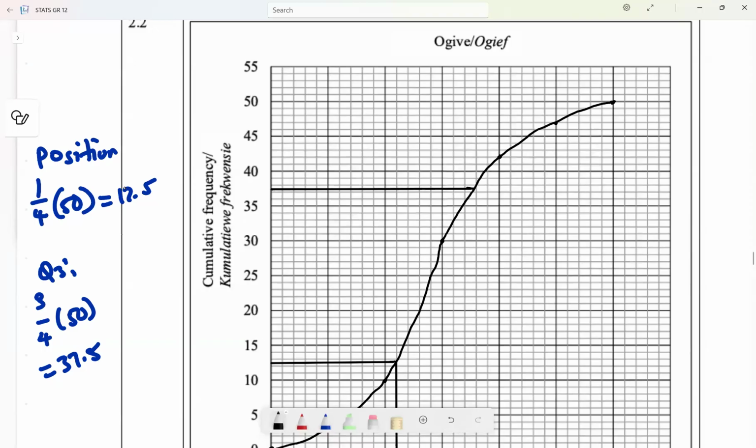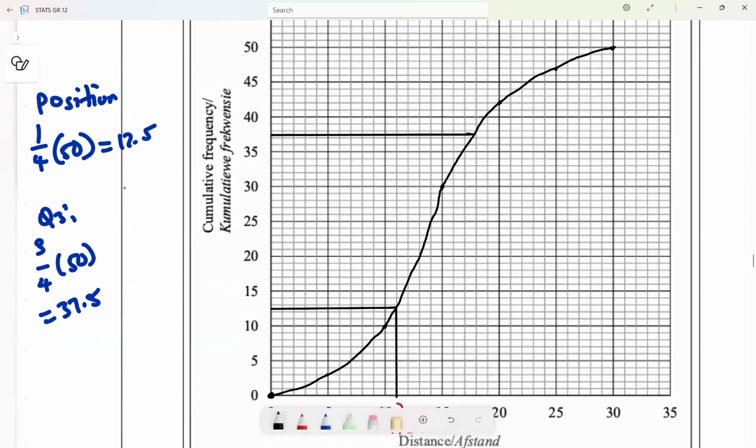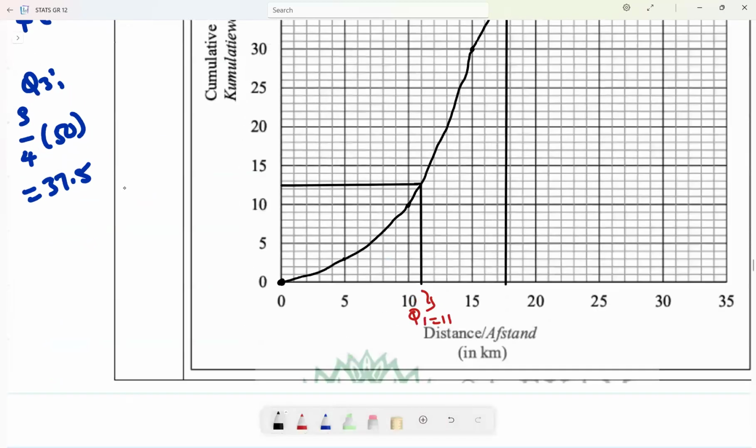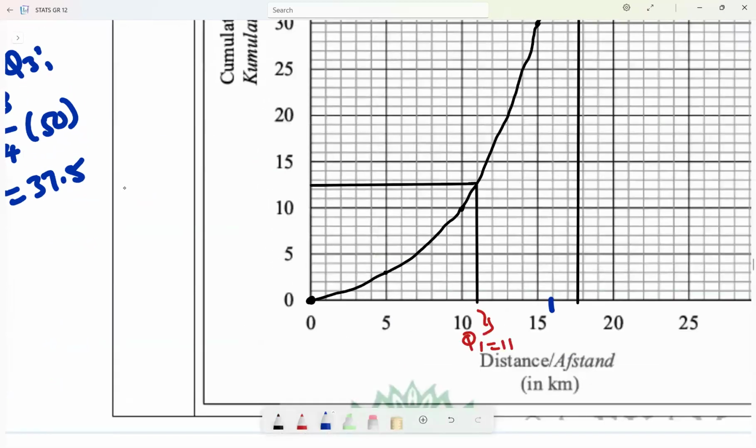Okay, and then when I move a little bit downwards, I get it to be something like 16, 17, 18.